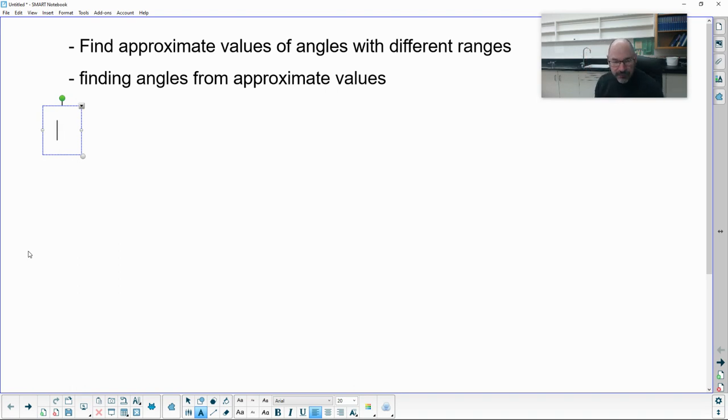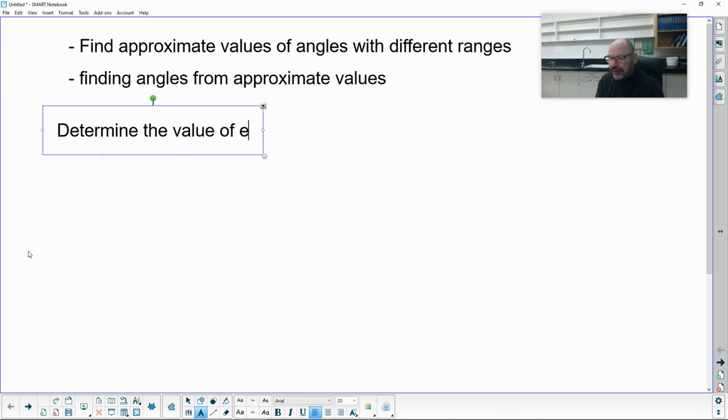We'll do 3 decimal places in our example. It'll be stuff like this: determine the value of each to 3 decimal places.